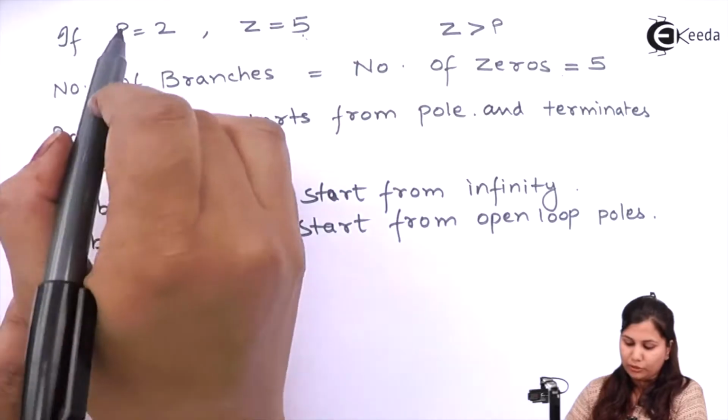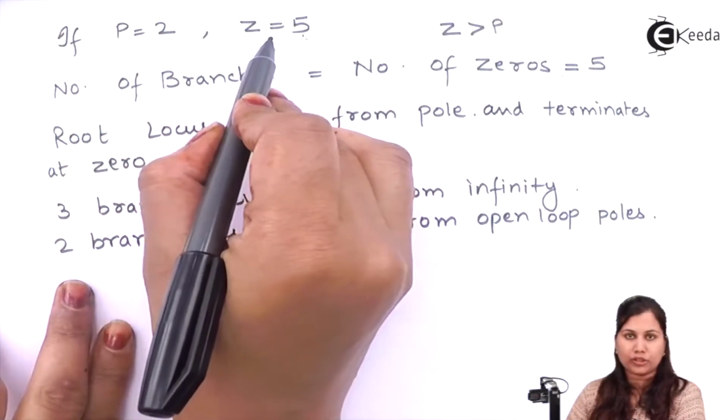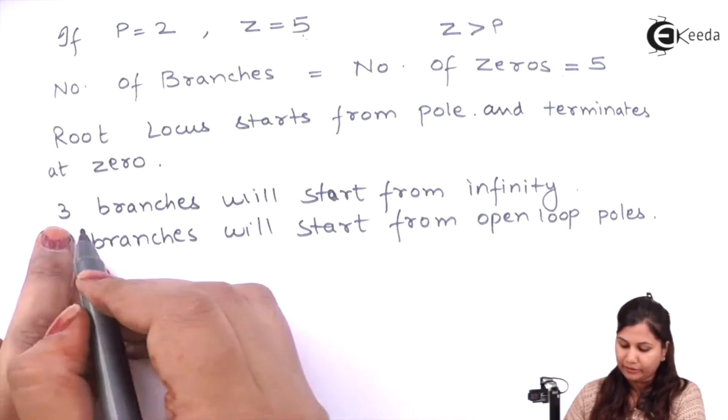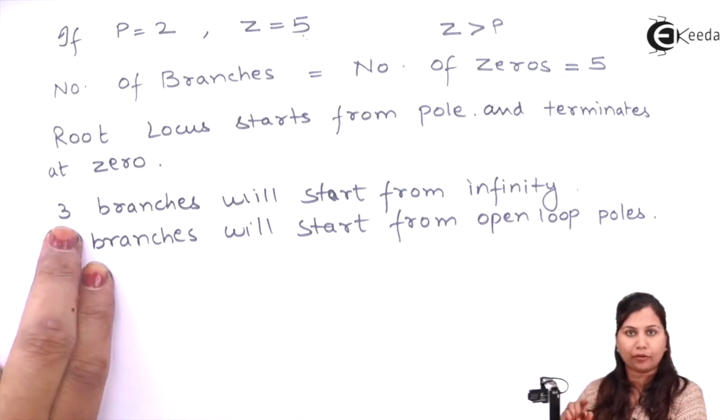Because for two poles we are having two zeros, so two branches will start from the open loop poles and the remaining three branches will start from infinity.